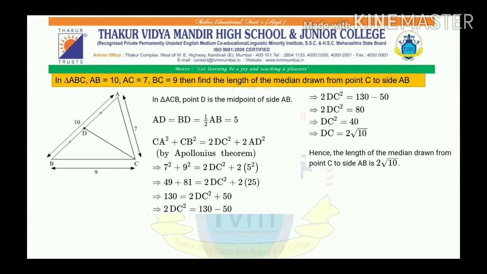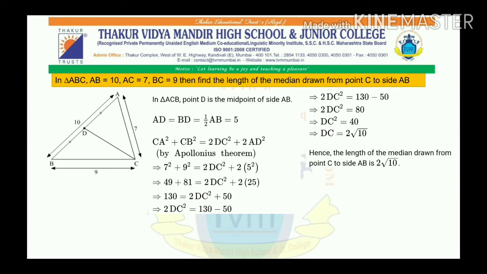So now by Apollonius theorem in triangle ABC, as CD is the median, we'll get CA square plus CB square is equal to twice of DC square plus twice of AD square. So 7 square plus 9 square is equal to 2DC square plus 2 into 5 square. Now in this case we need to find out DC.